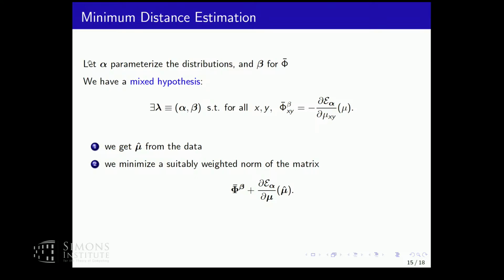Because if you minimize a weighted norm of this matrix, and this is linear in beta, and this is linear in alpha, then you're going to do a form of least squares, just like we did before in the Choo and Siow model. The Choo and Siow model, my first example, has no alpha because we've standardized the distribution, they're type 1 extreme values, so there's no alpha parameter. So this term is easy, no alpha here. And I also put this to be linear. So that's one thing we can do.